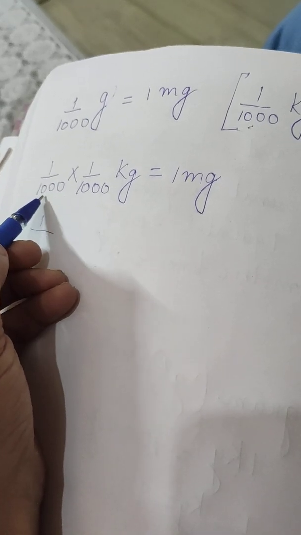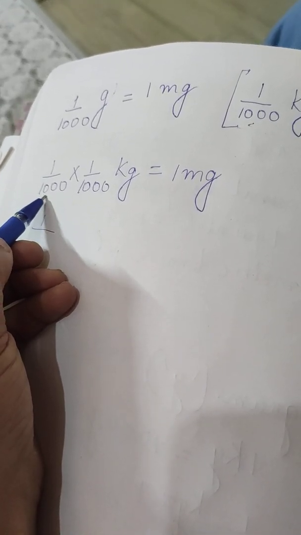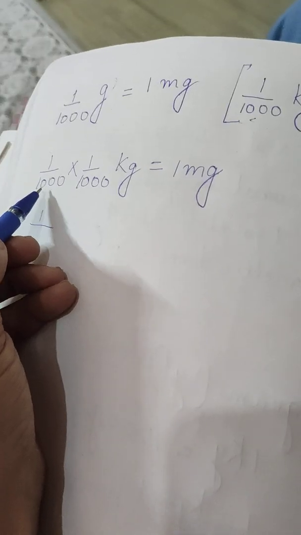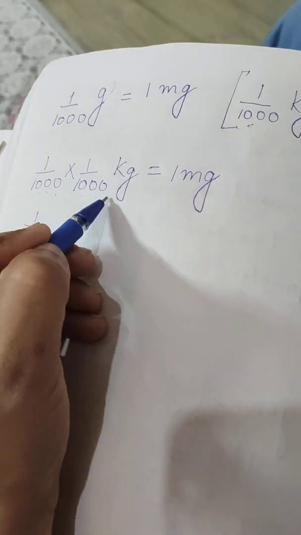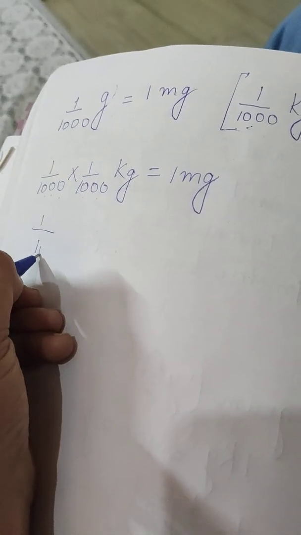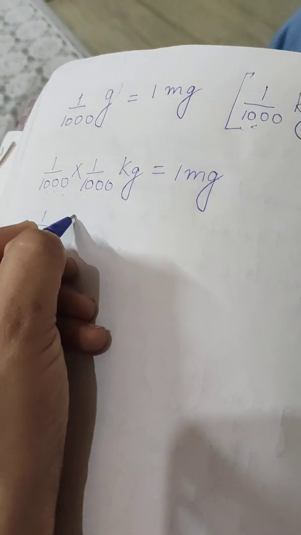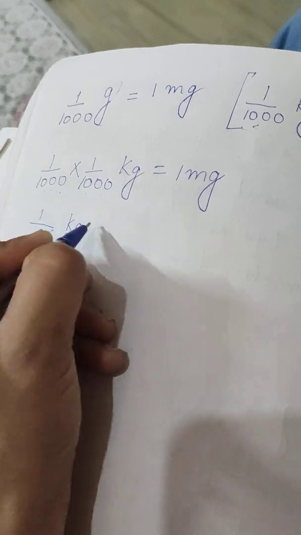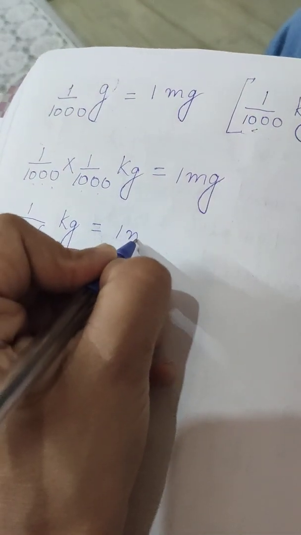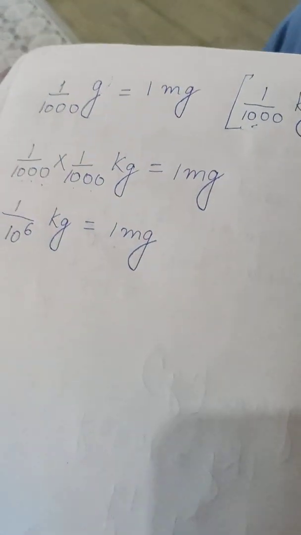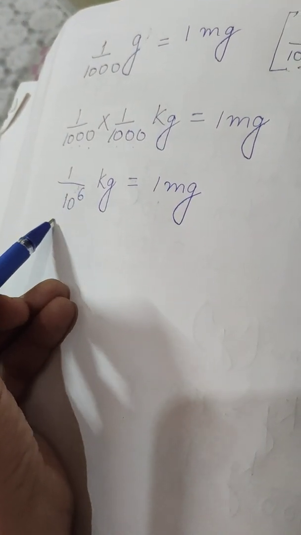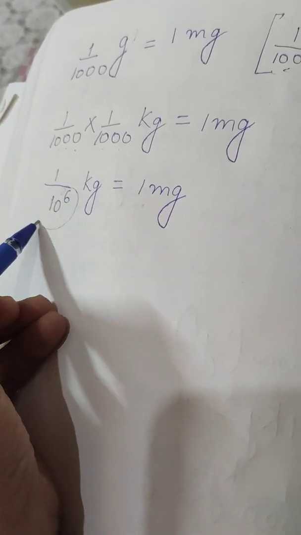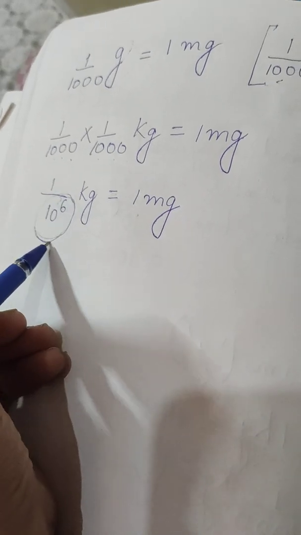How many zeros are there now? 6 zeros. 1, 2, 3, 4, 5, 6. So that is 10 raised to power 6 kilogram is equal to 1 milligram in the denominator.